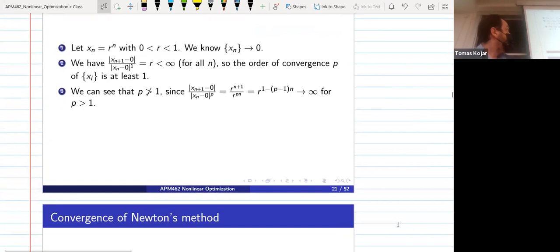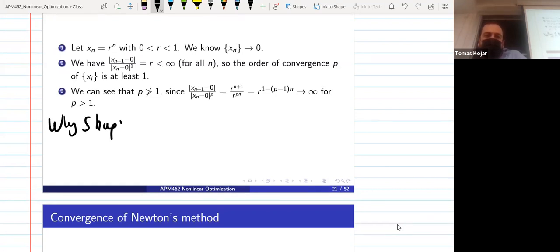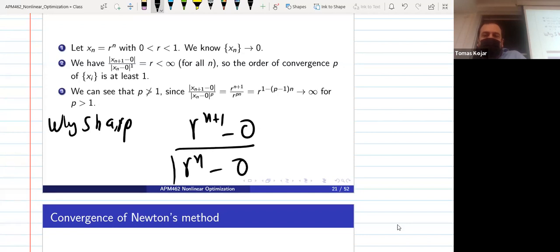And then this value is sharp. So let me prove it. I mean, this is a nice homework. That's just first year calculus. So now, why is it sharp? Again, let's do this together. You have r^(n+1) minus 0 over r^n minus 0, to the p.